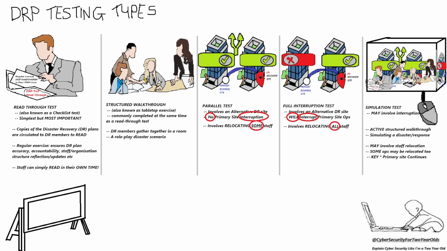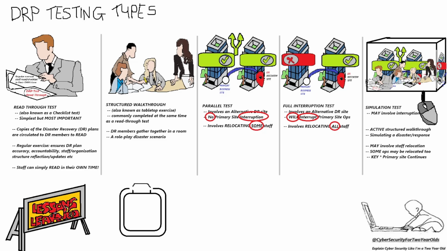Firstly, at the conclusion of any DR testing, an objective non-DR facilitator should host a lessons learned session with the DR staff, and any updates should be fed into the disaster recovery plan, which should be treated as a living document.